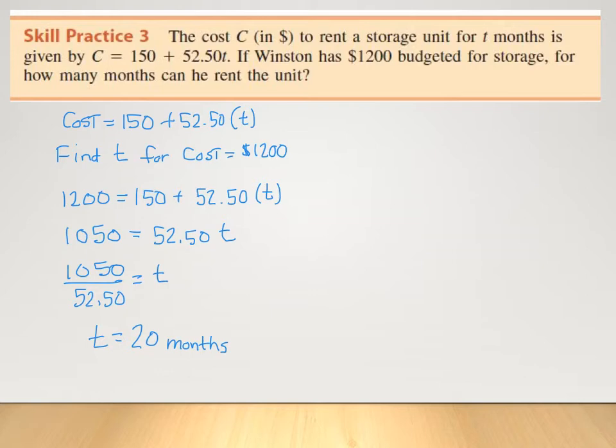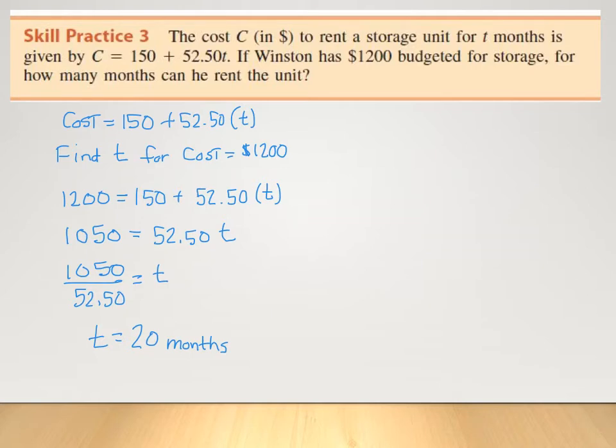So here's an application problem. The cost C in dollars to rent a storage unit for T months is given by C = 150 + 52.5(T). If Winston has $1,200 budgeted for storage, for how many months can he rent the unit?